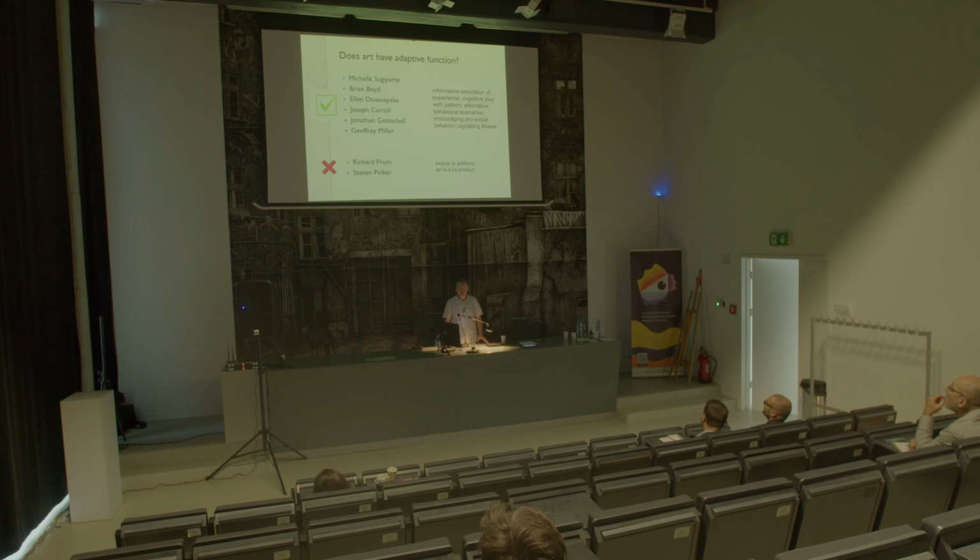Most of the writers, most of the scientists, say that yes, and they propose some adaptive functions that art might serve within human experience, like informative simulation of experience, cognitive play with patterns, art as alternative behavior scenarios, art behaviors encouraging prosocial attitudes, signaling fitness, and so on.